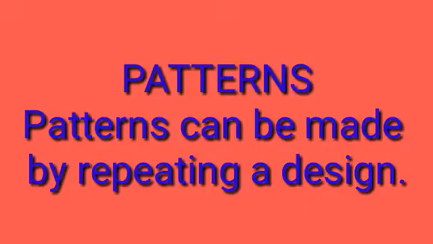In this class, we can check some patterns, and observing the pattern, you have to complete the pattern by drawing some figures. Okay. So patterns can be made by repeating a design. I told you, by repeated designs we can make a pattern.